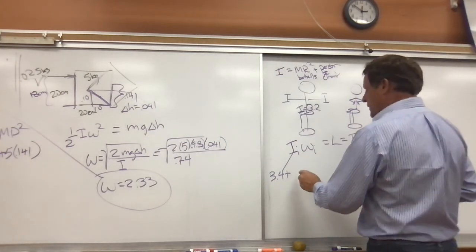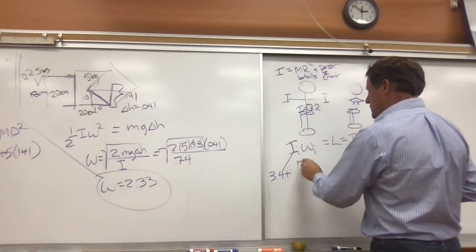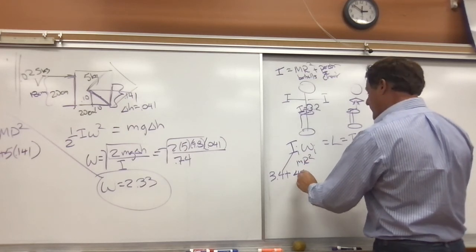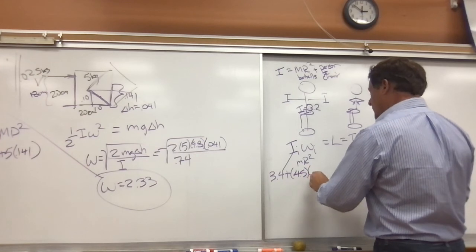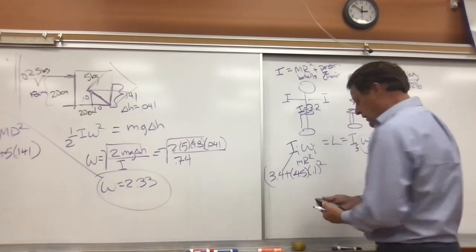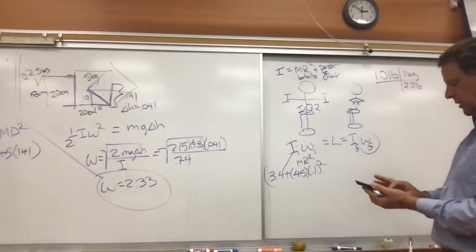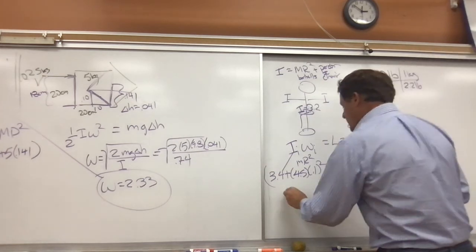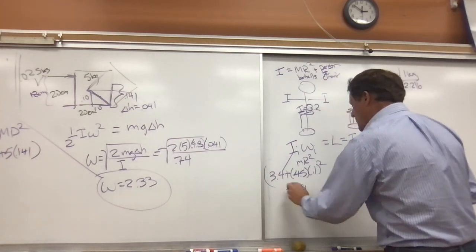So we're going to have plus mr squared, which is going to be 4.5 times 1 squared. Okay? So whatever that is, which is going to be plus 3.4. So we're at 7.9. Okay?